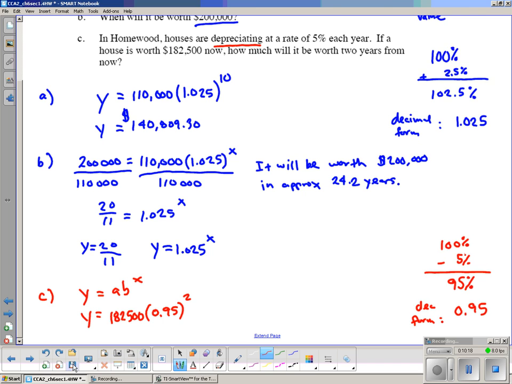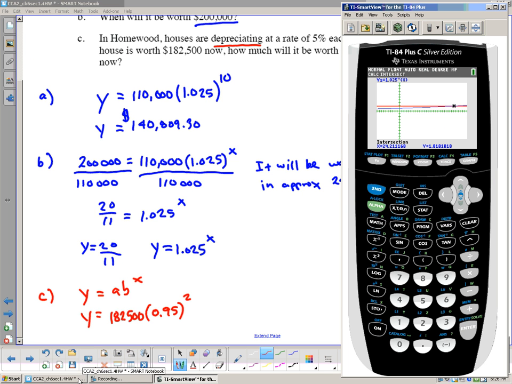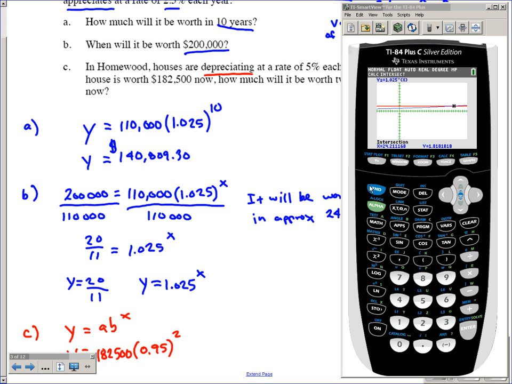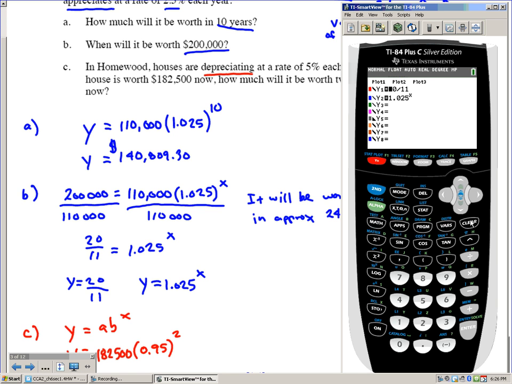I lost my calculator again. Let's clear that. So we've got $182,500, and we're multiplying it times 0.95 to the second power.